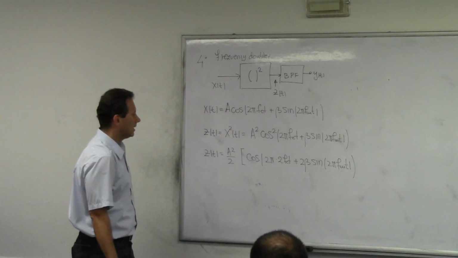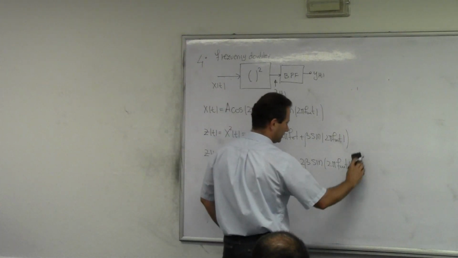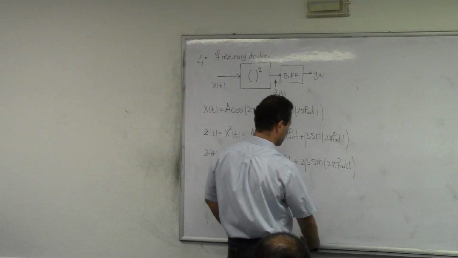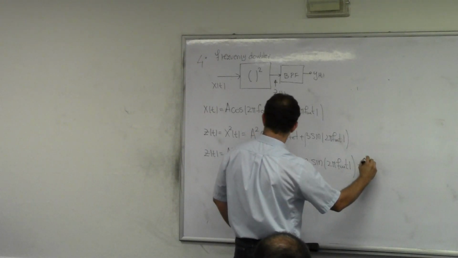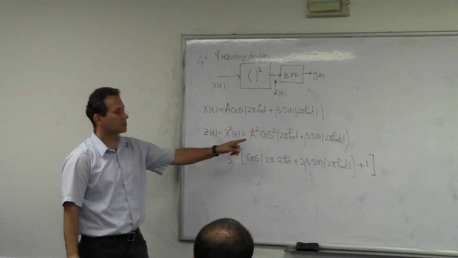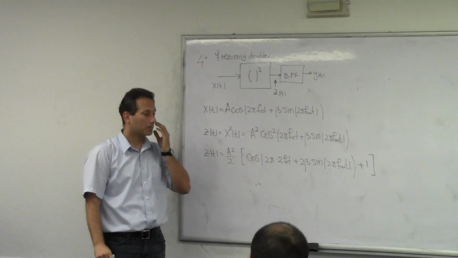And what is missing? Plus 1, right? So that's cosine squared is 1 plus cosine of the double angle, divided by 2.